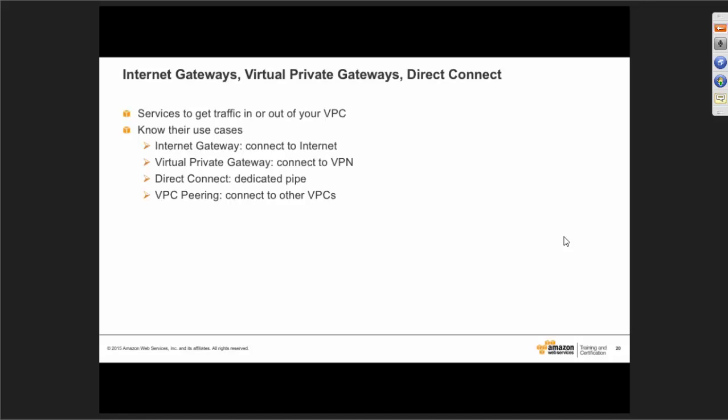You're using VPN to go from on-premises to the AWS VPC. With Direct Connect, just knowing the existence of Direct Connect is really the majority case in here. You don't need to know the actual implementation and how that works. It's essentially you're bypassing the regular internet to get into your VPC, and you have to do that through a Direct Connect partner. And then VPC peering, connecting one VPC to another.